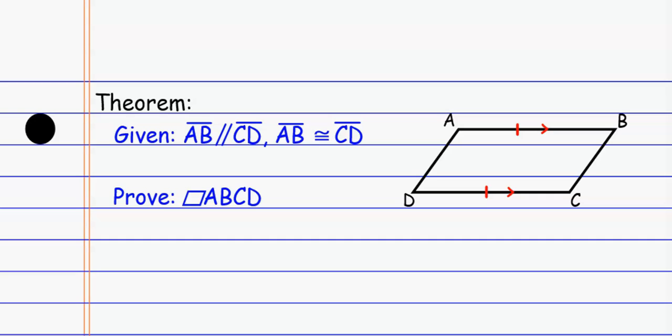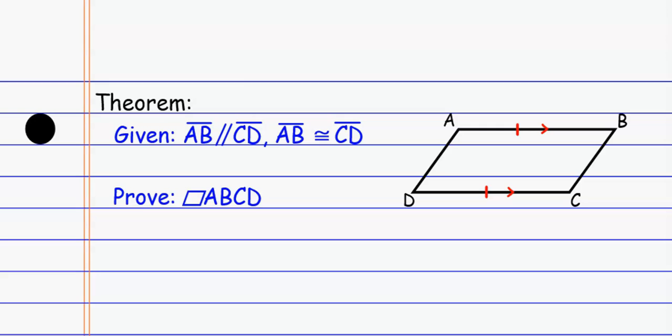All right, so here we're going to have one special theorem for proving that quadrilaterals are parallelograms that isn't directly one of our properties in reverse. So it's not a converse of one of our properties. Here I have one pair of opposite sides parallel: AB is parallel to DC. And I have that same pair of sides is congruent. This is a little bit different.